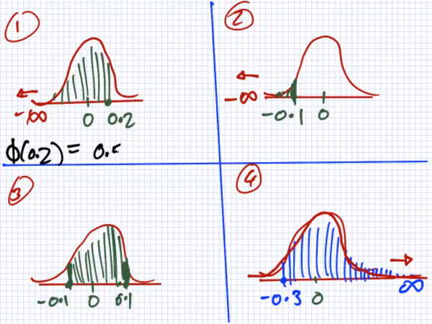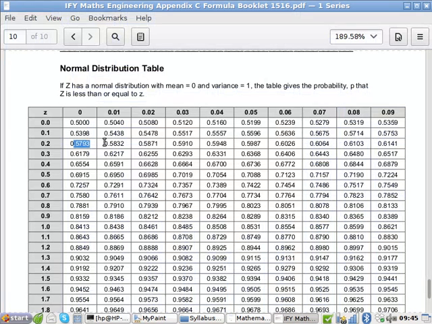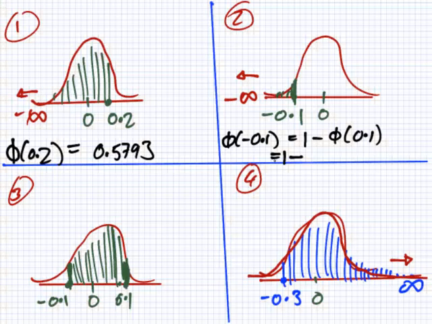Okay. 0.5793. Did you get that? Yeah. Okay, this is the table book value of minus 0.1, which is 1 minus the table book value of 0.1, which is 1 minus 0.5398.